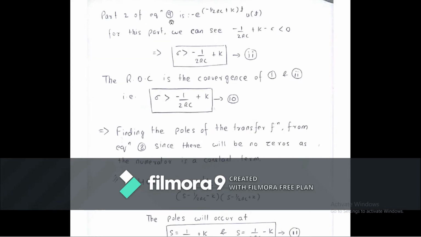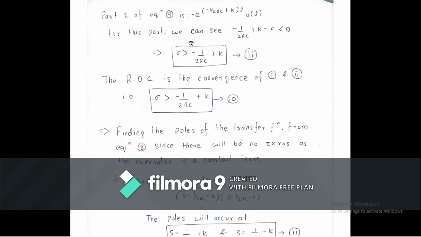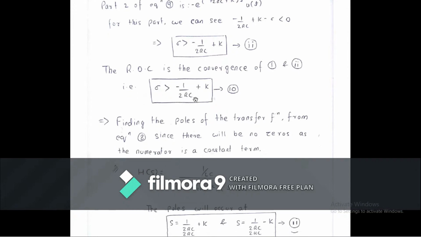For part 2 of the equation, which is this over here, we can see that the region of convergence will be sigma greater than minus 1 by 2RC plus k. So the final region of convergence for the entire transfer function will be the intersection of 1 and 2, that is the ROC will be sigma greater than minus 1 by 2RC plus k.